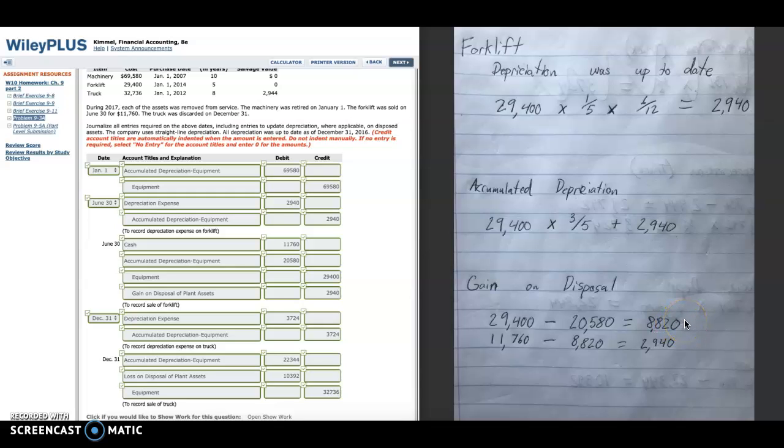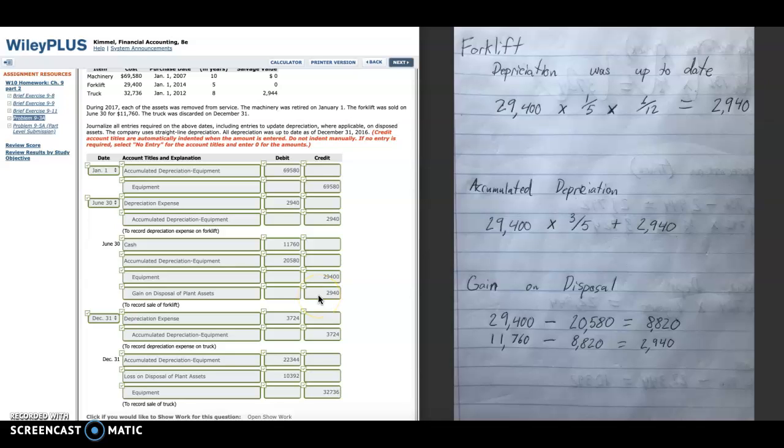And then we're going to take the sale, which was $11,760. That's how much money we made from selling it. Subtract from it the remaining value, which is $8,820, and that leaves over $2,940. And so in essence, we made a gain, not really a profit, just a gain on the disposal of plant assets of $2,940. And that's the end of that journal entry.